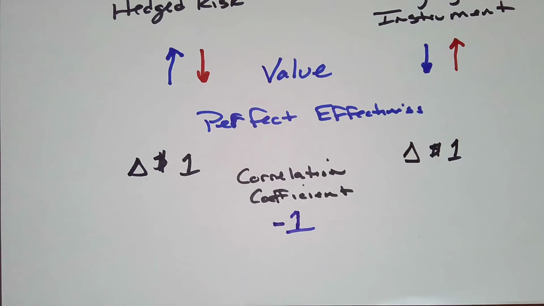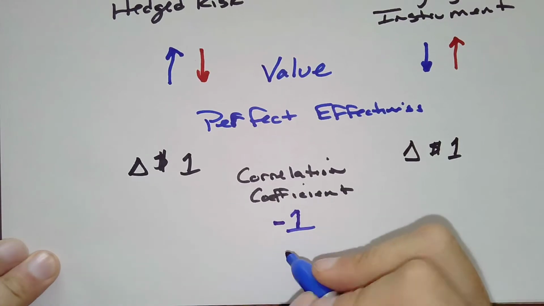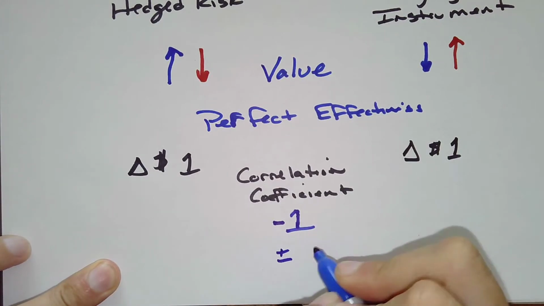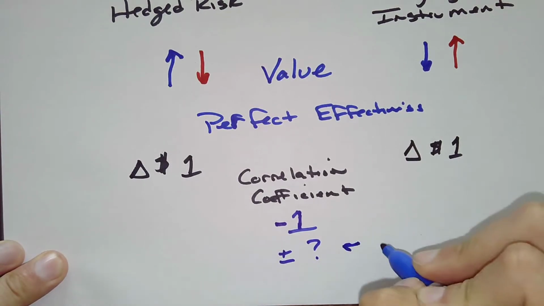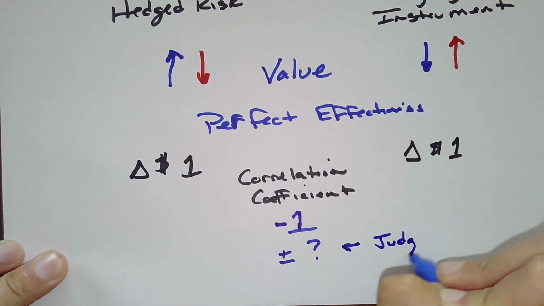That is perfectly effective. So how much latitude do I have away from -1? Is it plus or minus how much? That is a judgment call.